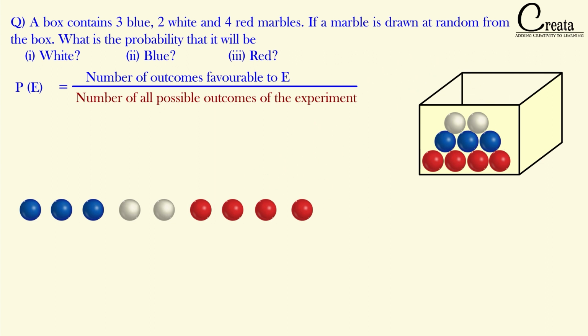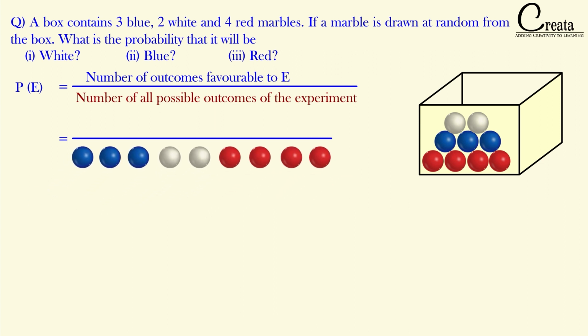So we can take total 9 marbles out of the box. So we are having total 9 outcomes. So the number of possible outcomes, which is the denominator of the probability formula, will be 9. For all the 3 cases, the denominator will be 9, that is total possible outcomes.